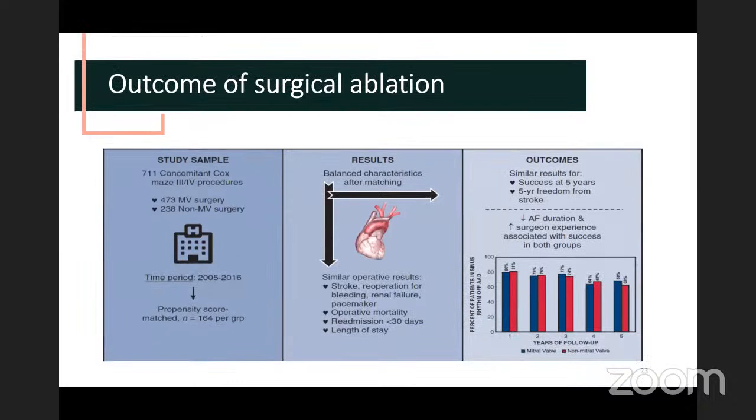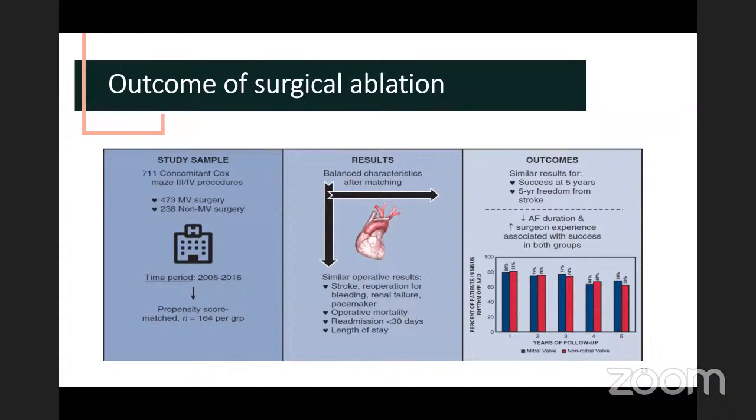In this study, as I mentioned on the previous slide, we had around 711 patients with the Maze procedure, 473 with mitral valve surgery and 238 with non-mitral valve surgery, between 2005 and 2015 or 16.